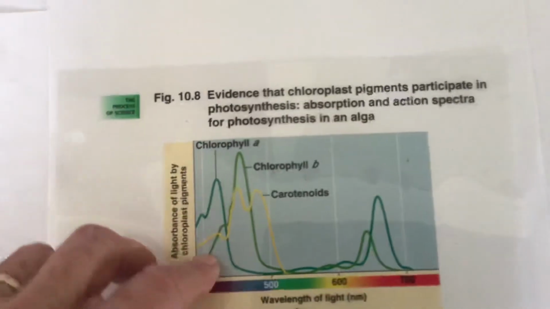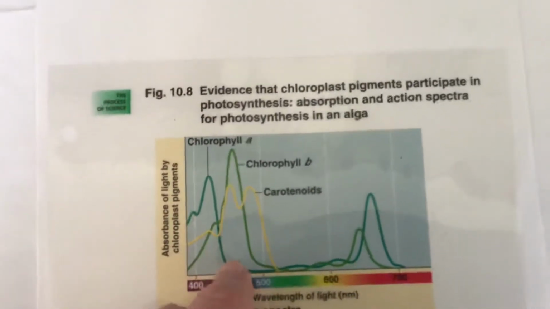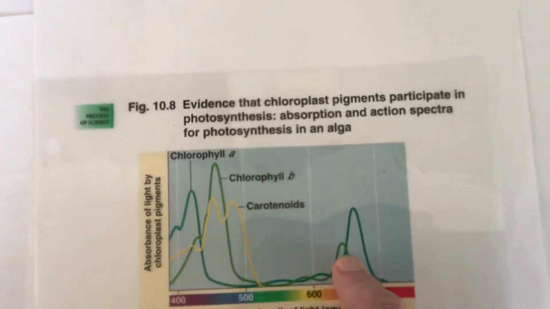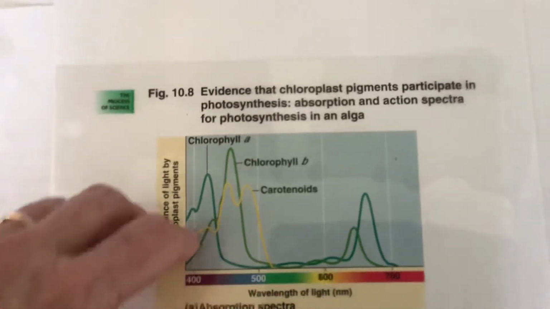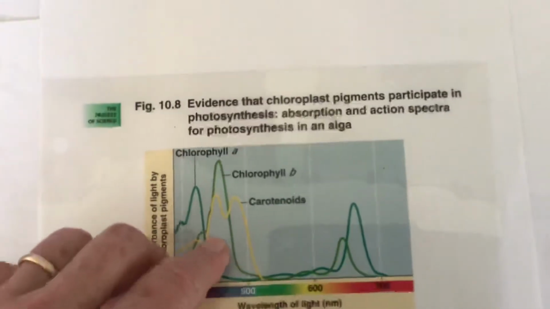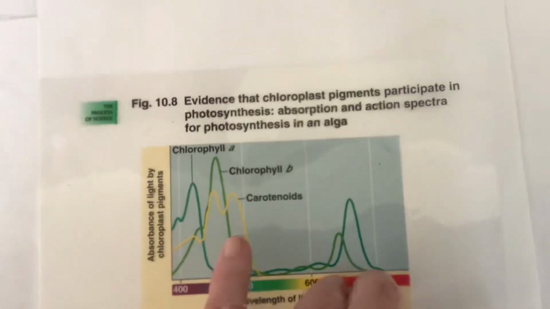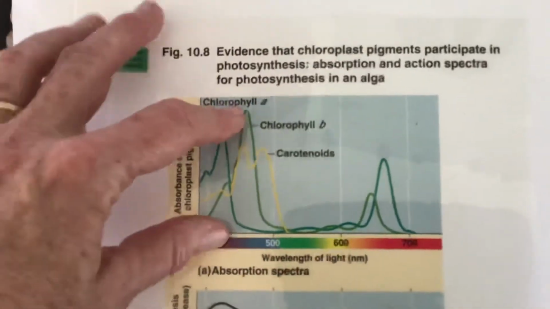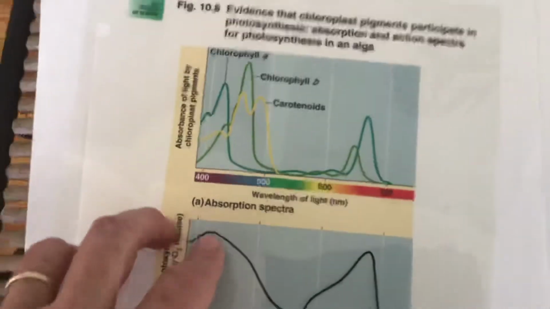Chlorophyll B is a little more in the blue region, and also a little more towards the orange instead of red. And the carotenoids are in the blue region, and they don't really absorb over here in the red. So a lot of the absorption, if I put it all together, is happening in the bluish purple region, right?